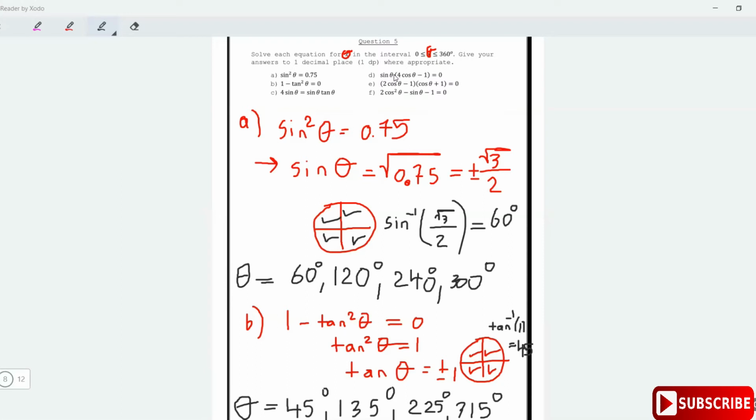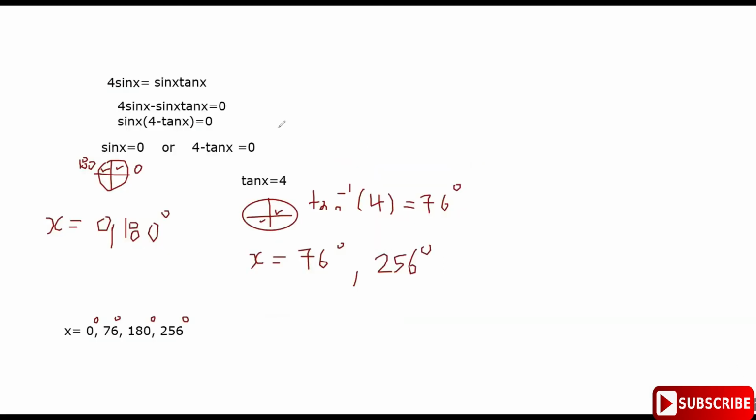Solve sine theta times 4 cos theta minus 1 equals 0. So we're solving sine x times 4 cos x minus 1 equal to 0.